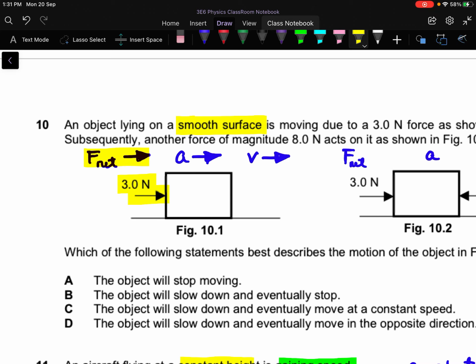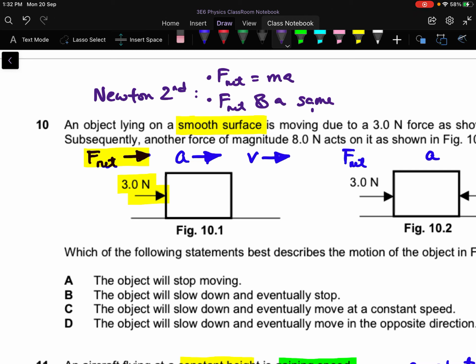In your Newton's second law, you should be aware that it consists of two parts. F net equals ma is part of the law. Another part says that your F net and your a must be in the same direction.